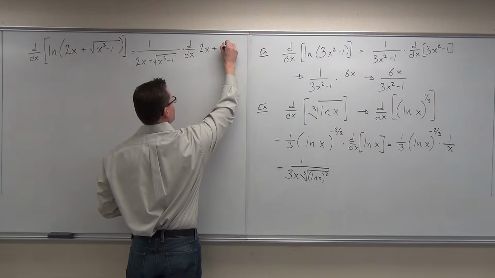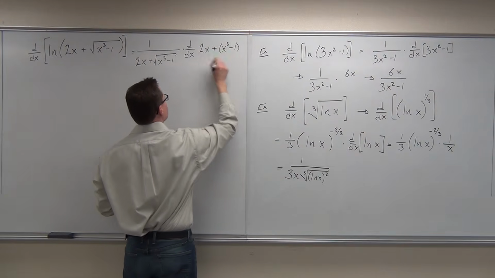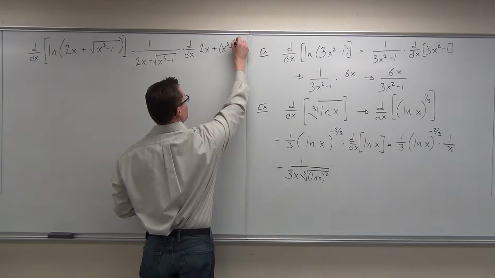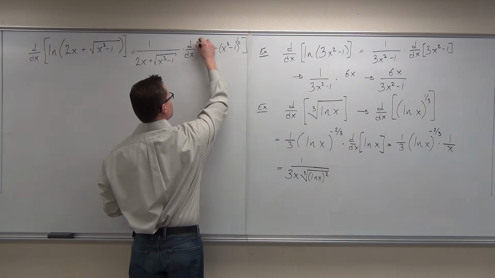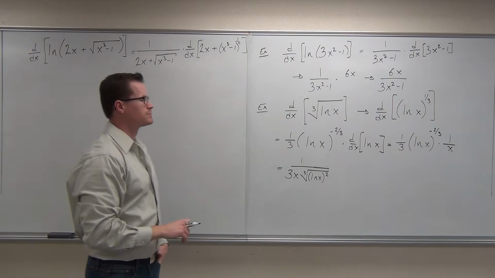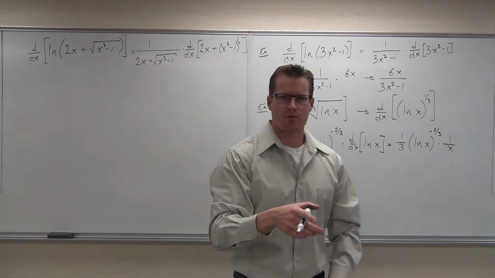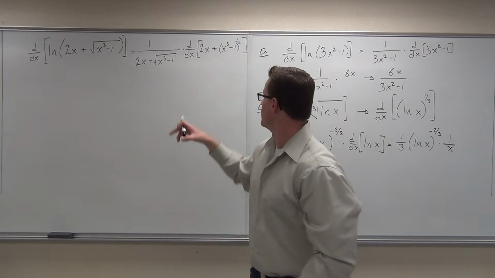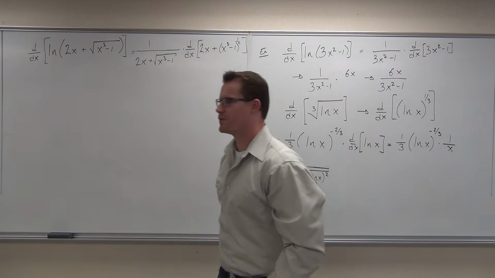I'm going to change that right now so I don't have to do it again. Instead of the square root, let's just make that the 1/2 power right now. Can you guys do that for me? Why don't y'all do that? Take care of that derivative. I'll write it on the board.